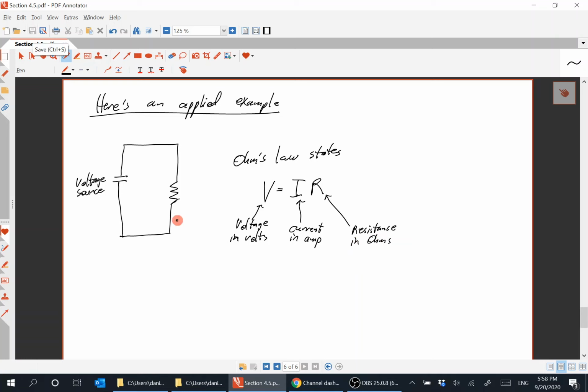The voltage drop across a resistor satisfies V equals I times R.